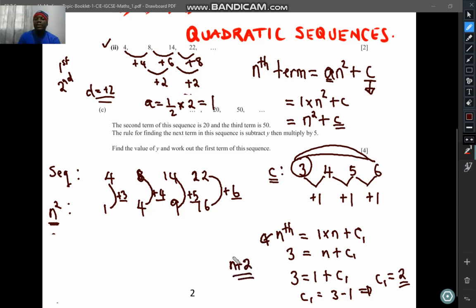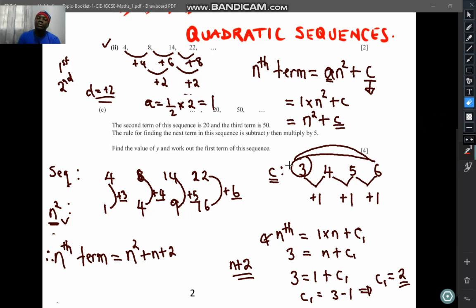So this is what we need to add to the n squared to find our nth term. So therefore our nth term for our quadratic sequence would be equal to n squared plus n plus 2. So this is the formula that someone was using to come up with the given sequence.